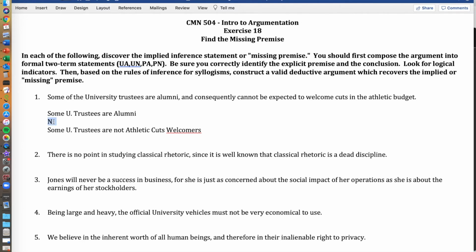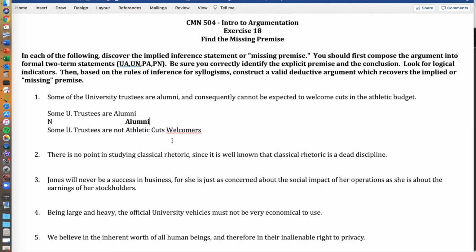Now I know this is a negative statement, so I know that if I make alumni the predicate term, that it will be distributed, because predicates of negatives are distributed. So I can drop that down here and make alumni the predicate term, and then it would be a distributed term. And so we'll bold that to indicate it's distributed.